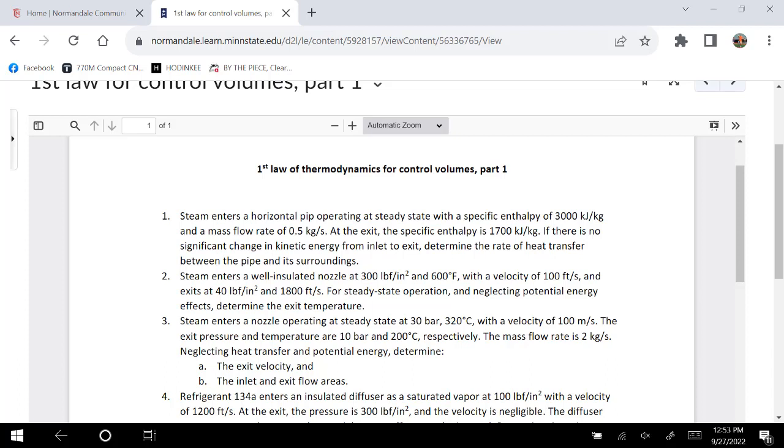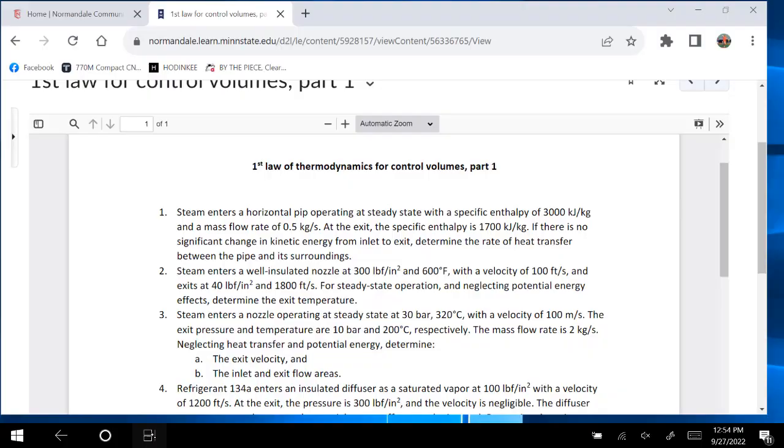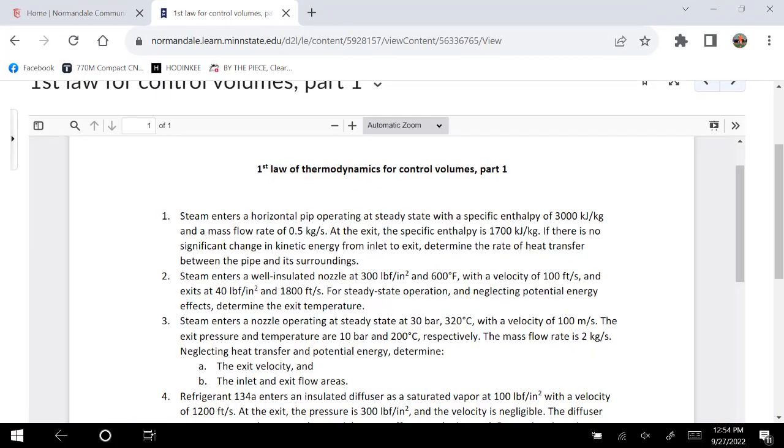So I just already did all the conversions. We're going to try to find the temperature of the exiting material. And it says it's starting out as steam, and we'll see what's happening when it comes out.